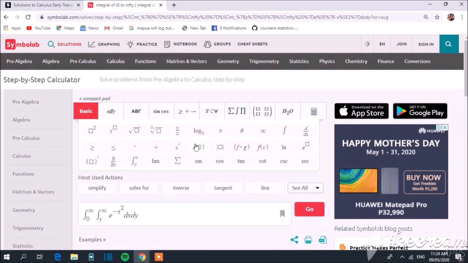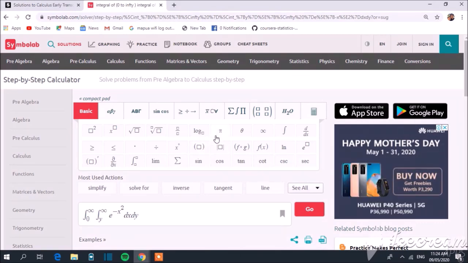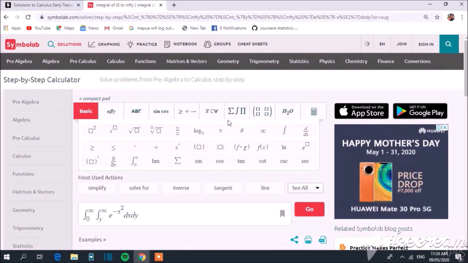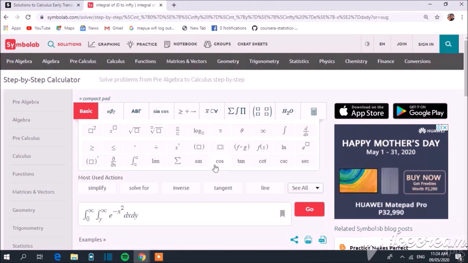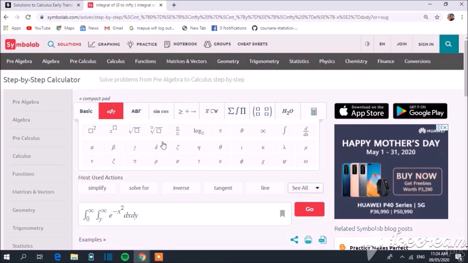There's so much more. Here's a full pad of everything you can do. You can input trigonometric functions. You can go on, and here you don't input pi as 3.14. You input pi as its own symbol because that's its own value. This is an exact site. In math you can't really make approximations.